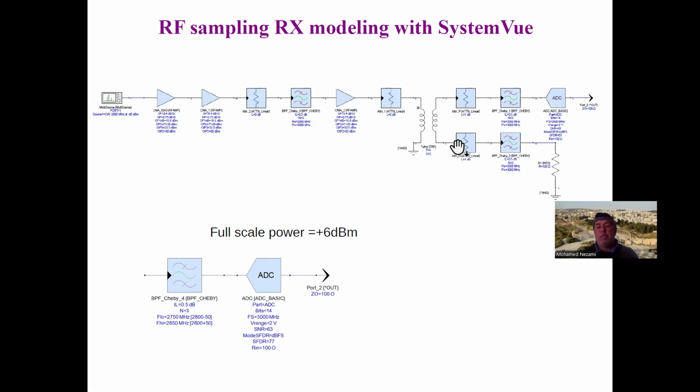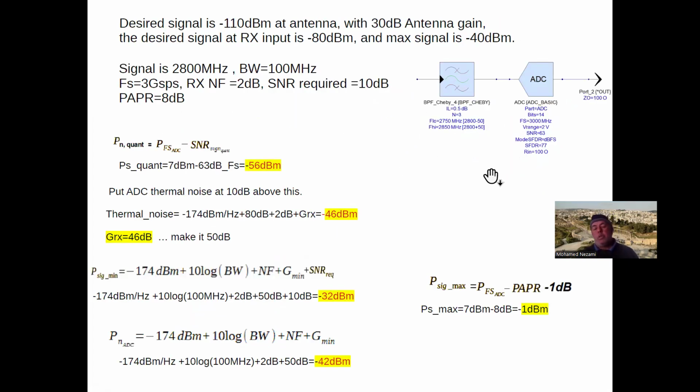And in some cases they use double balance in here, okay? So we come in single-ended, and we have to end up double-ended into the ADC, and in system view, the ADC is single-ended, so I have to create it like this where I terminated the other one, okay, which is still valid.